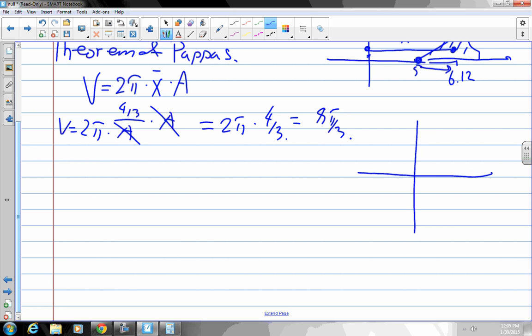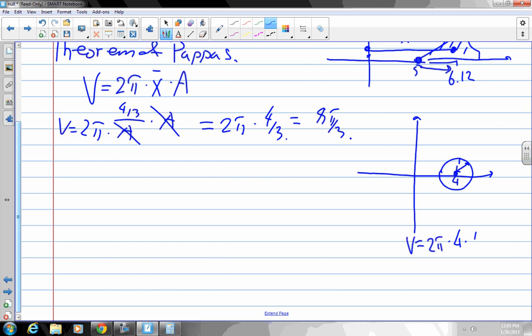Now, if you take a donut, so here's a circle. Let's center the circle. Where do you want to center the circle? 4. And what do you want the radius of the circle to be? 1, right? So then the volume would be 2 pi times 4, because the center of the circle would be the centroid, times the area of that circle, pi.